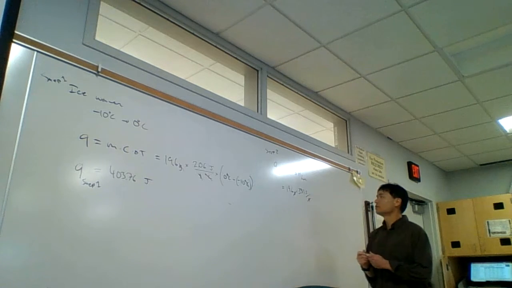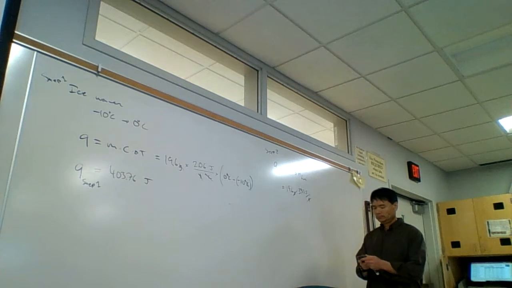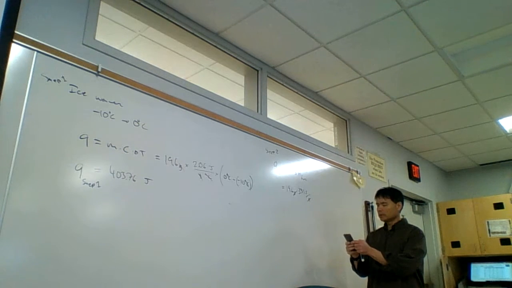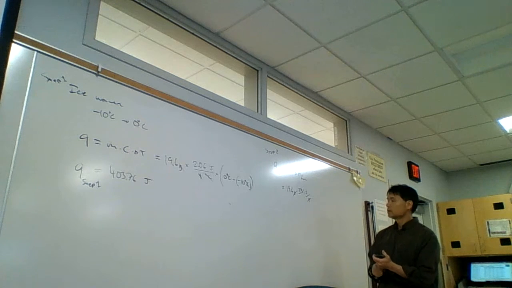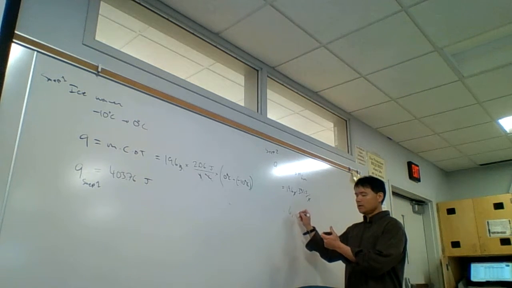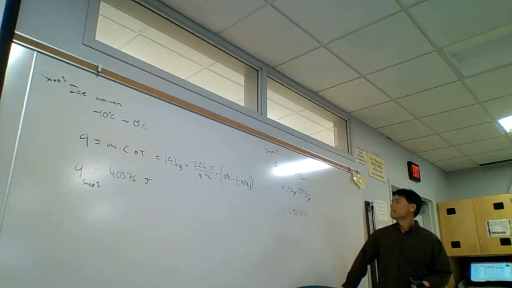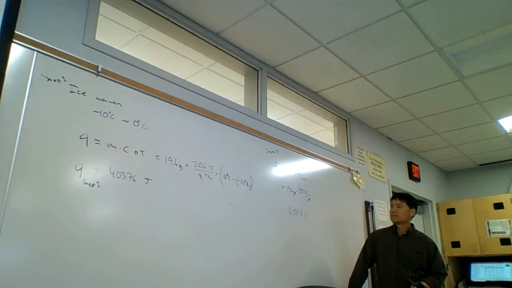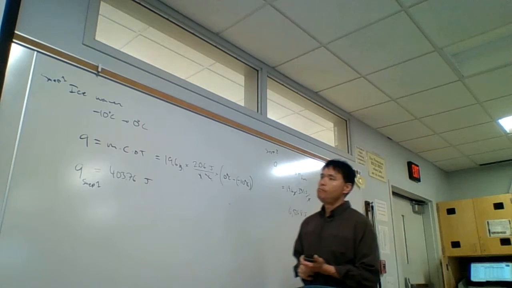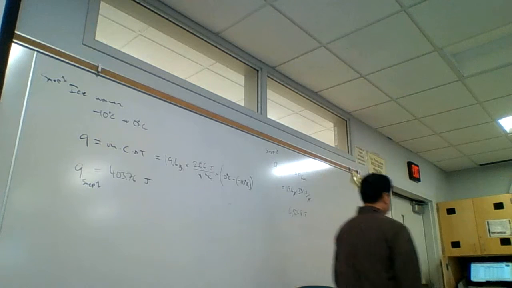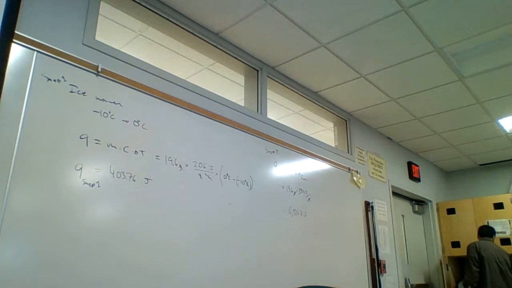That leaves me with joules. And so this is going to be 19.6 times 333. This comes out to 6,526.8 joules. That's step 2. That's a lot of heat to melt.